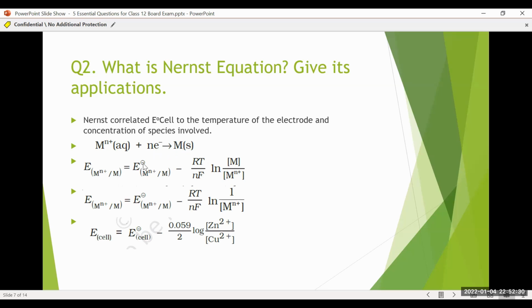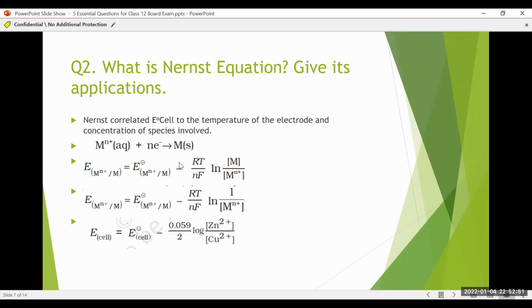It equals E naught M n plus slash M under standard condition. If it was a standard condition, the electrode potential would become equal to the standard electrode potential. But it is other than a standard condition.